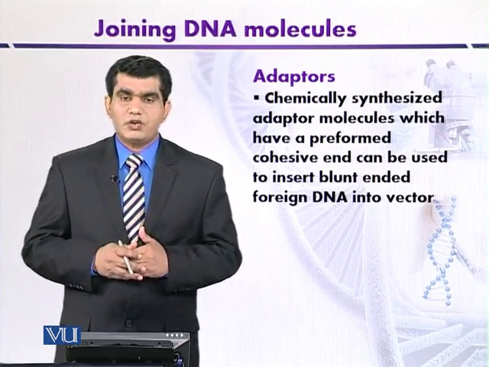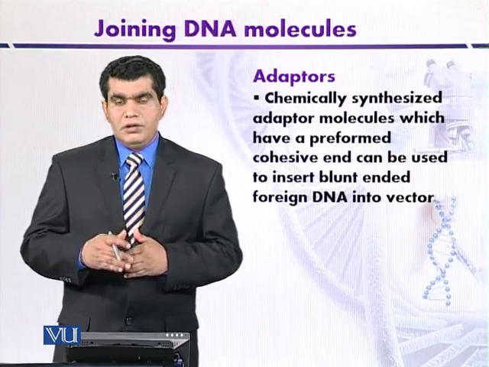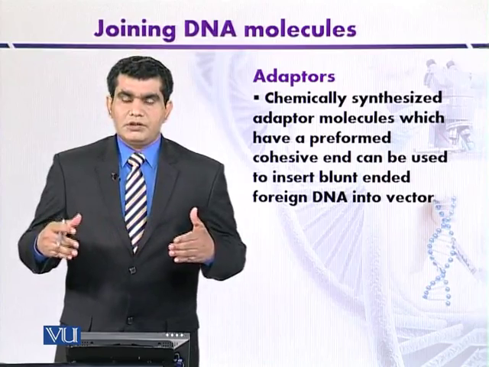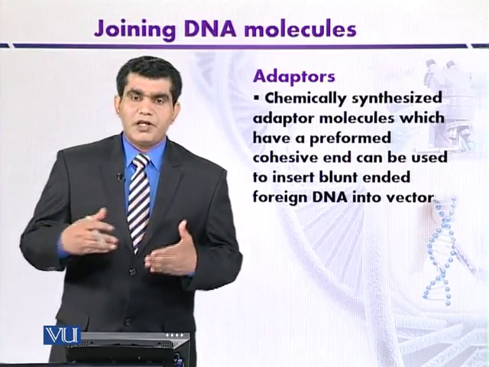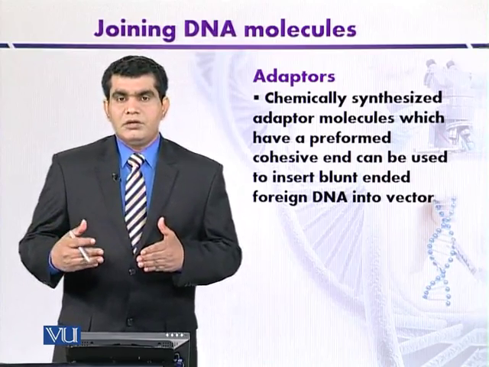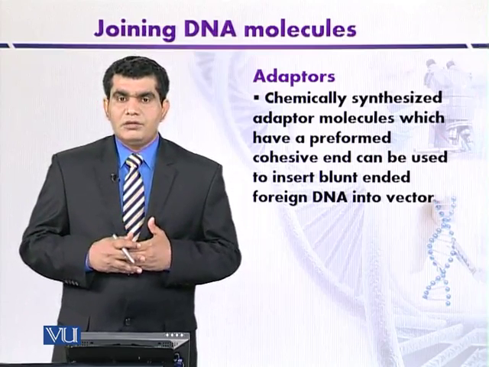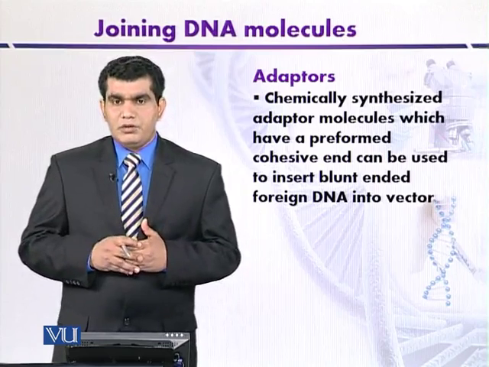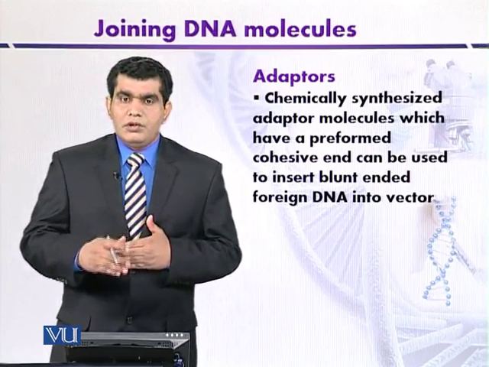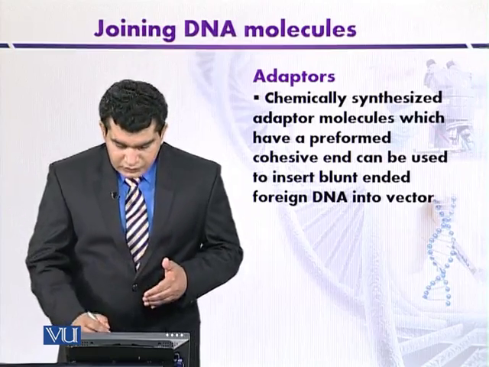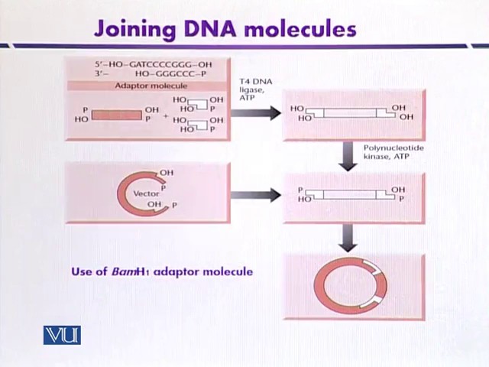So the vector can also be cut with BIO732 so that there is complementarity between the plasmid DNA and the source DNA. So how can we use adapter molecules for blunt end ligation? We will discuss it with the help of a diagram.